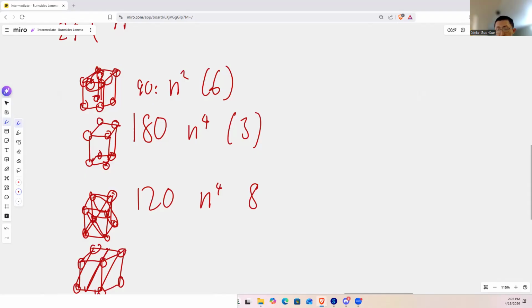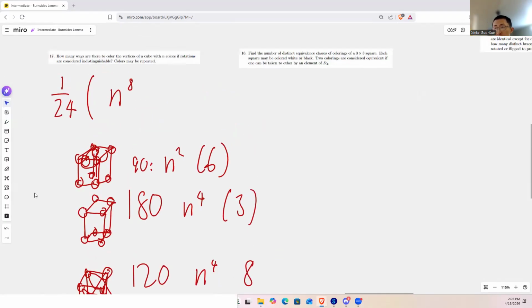It's kind of hard to draw. So there's going to be n to the fourth. So overall, we have 6n squared.